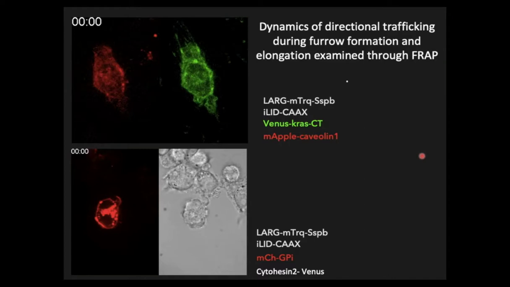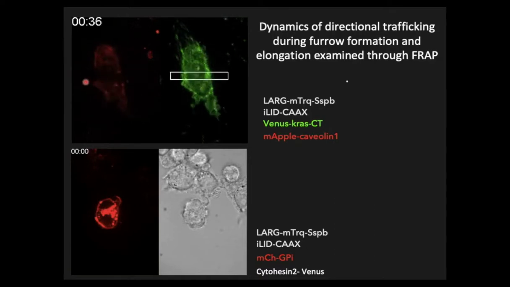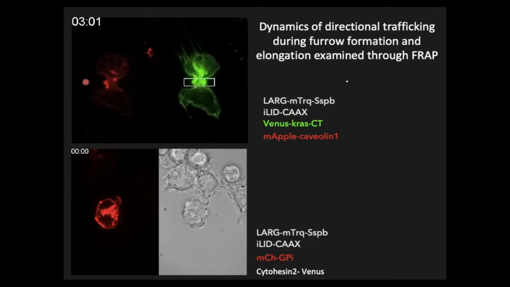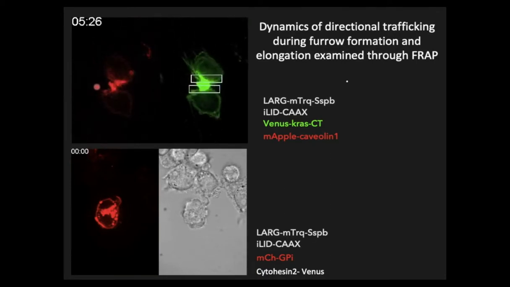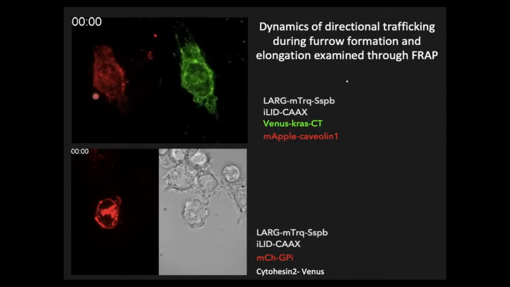You will see in the first movie, in the red channel is the optogenetic construct, in the green channel is the membrane marker, and I photobleach in the middle of the cell and immediately start to photoactivate to induce furrow formation. You will see that the fluorescence is recovered mostly by membrane flow, but you can see some vesicles going there.